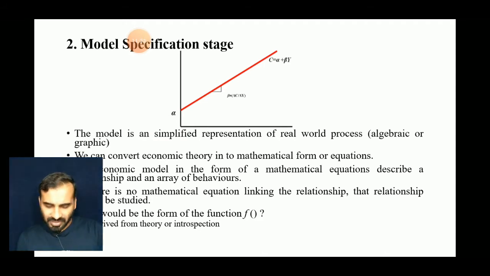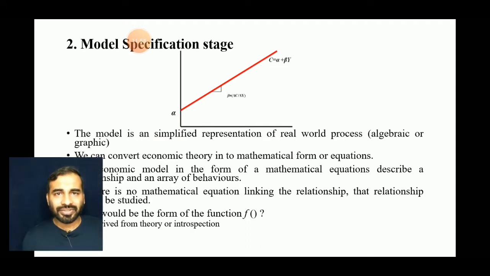We are going to simplify a big fact into certain numbers, or convert that big idea into a graph. This idea is known as an economic model. How to simplify? Either we can adopt a graphical representation, or we can do certain mathematical specifications or a mathematical equation.